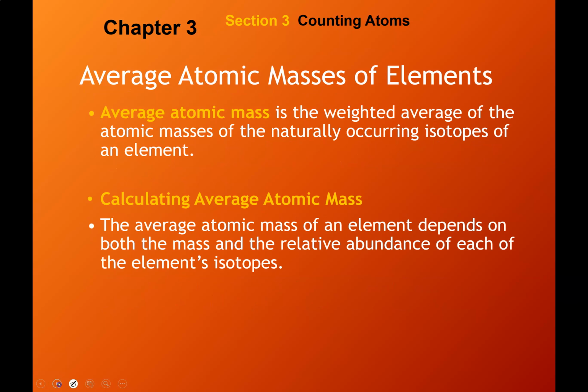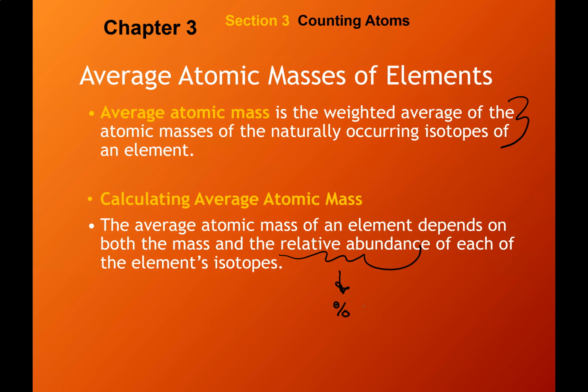We have, of course, related it to how much things weigh on a balance or how much mass something has, but that is the universal way to understand how mass is assigned to our atoms. The average atomic mass is the weighted average of things. And we're going to talk about how to solve this ourselves using percentages, which are also referred to as relative abundances.